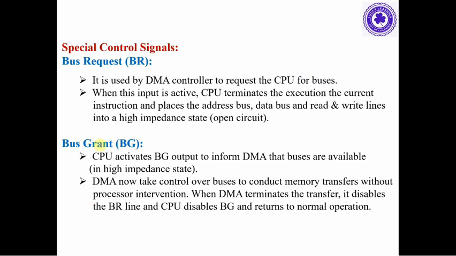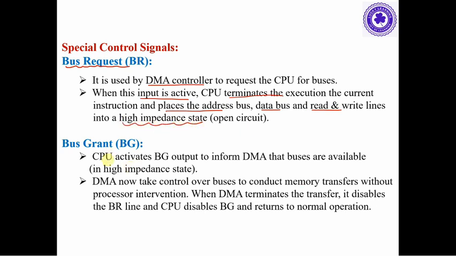Here we understand the two control signals. The first is bus request. It is used by the DMA controller to request the CPU for the buses. When this input is active, what will the CPU do? It terminates the execution of the current instruction and places the address bus, data bus, and read write lines in a high impedance state.